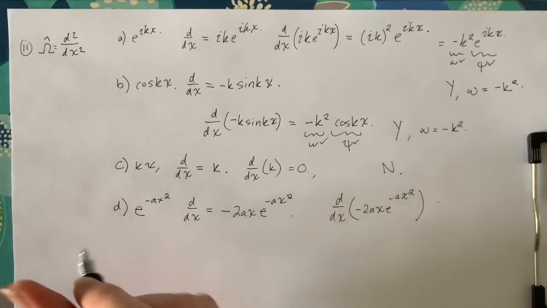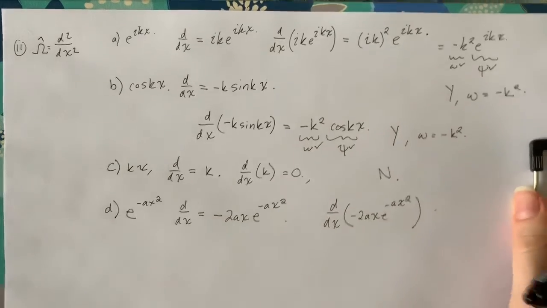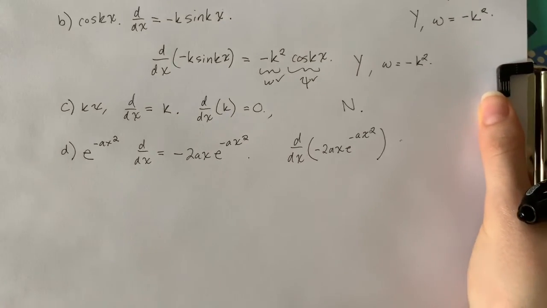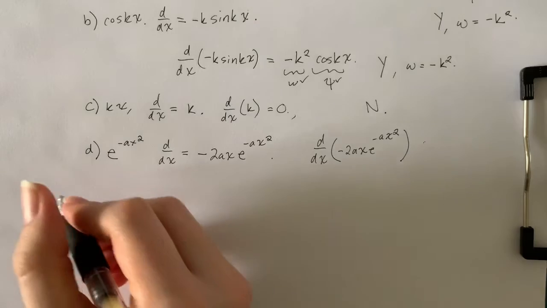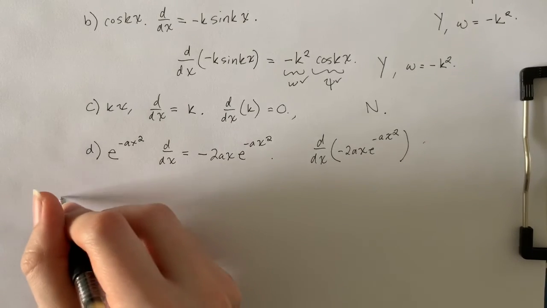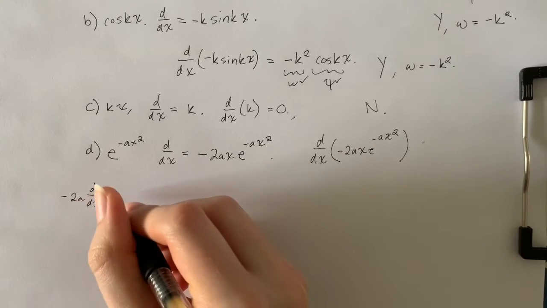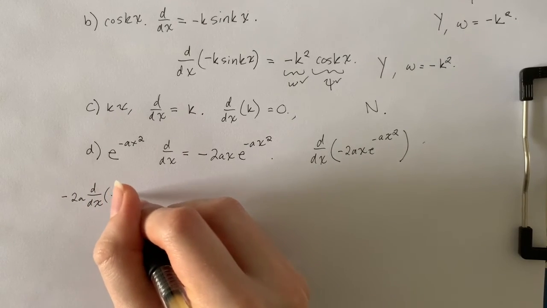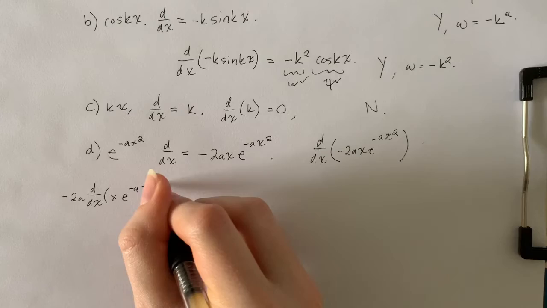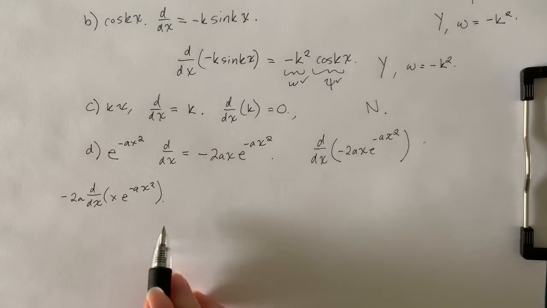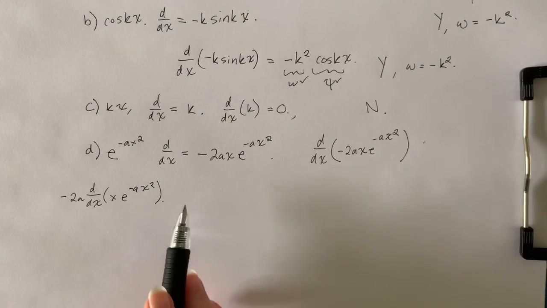I'll bring that down. Okay, so we have minus 2a d dx of x e to the minus ax squared. And we need product rule, which is 1d2 times 2d1.